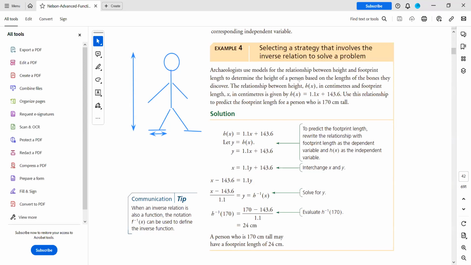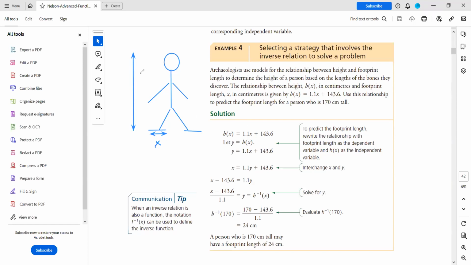So the relationship between height, h of x, remember this is notation for a function where h is the dependent variable and x is the independent variable. The relationship is expressed in centimeters, and footprint length x is also in centimeters.